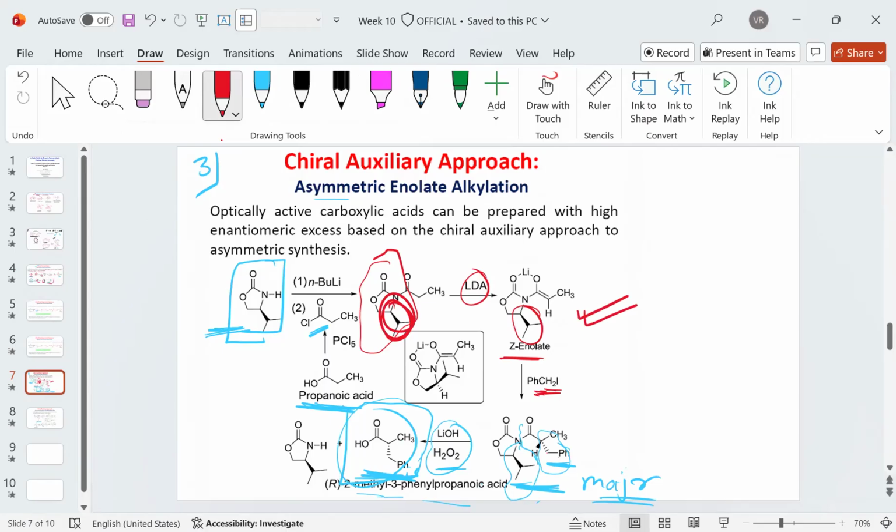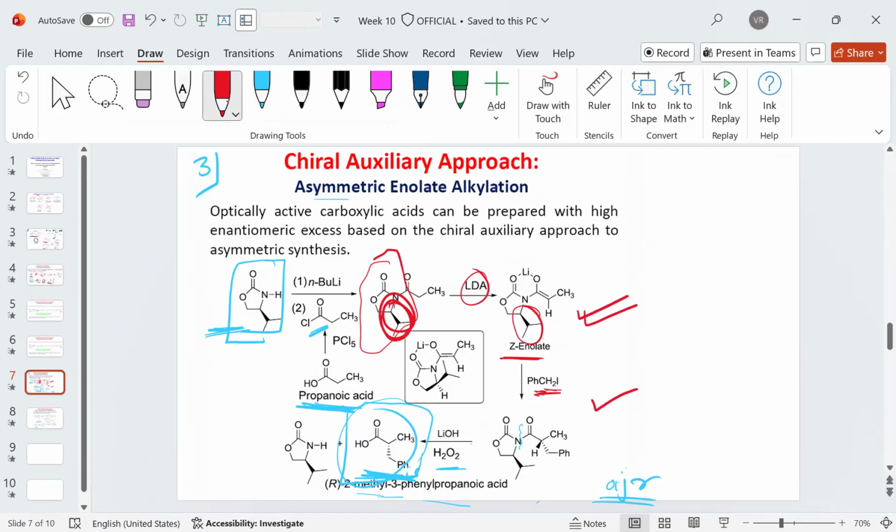In the second step, the same steric hindrance makes it difficult for the incoming electrophile to come close to this reaction center from the side on which the chiral auxiliary is attached. So the majority of the electrophile comes from the side opposite to the chiral auxiliary, and we get some sort of enantiomer selectivity because of this chiral auxiliary. This is how the chiral auxiliary works.